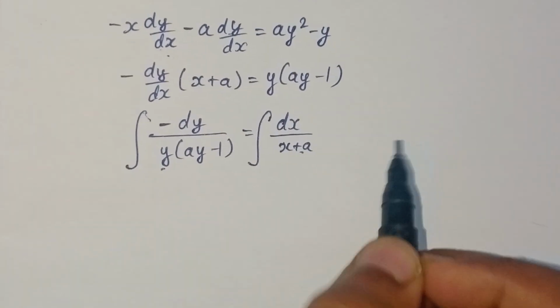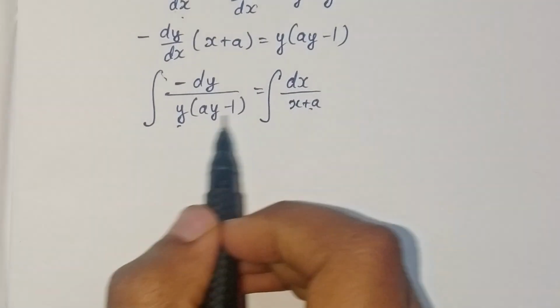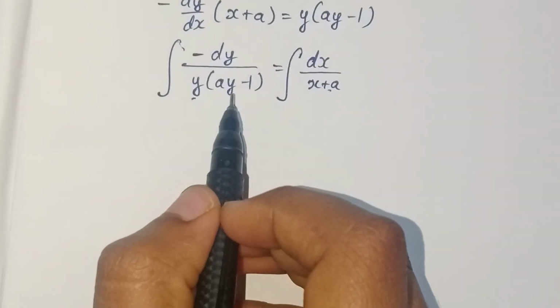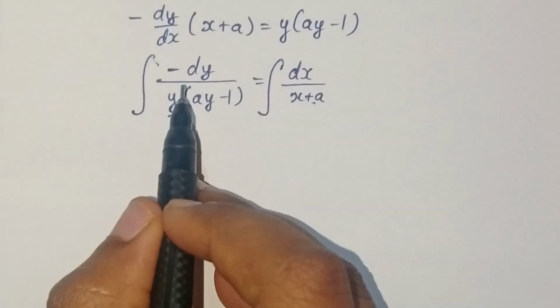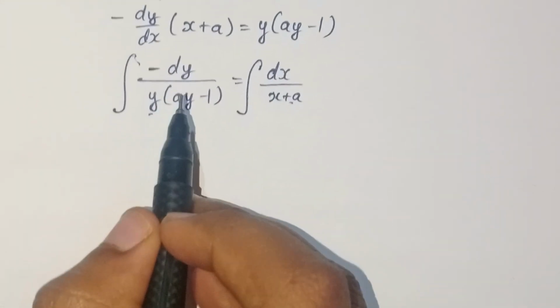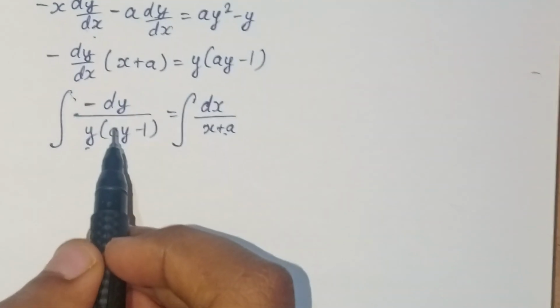We have the direct formula for that, but here we have two terms of y, so we have to apply partial fractions.